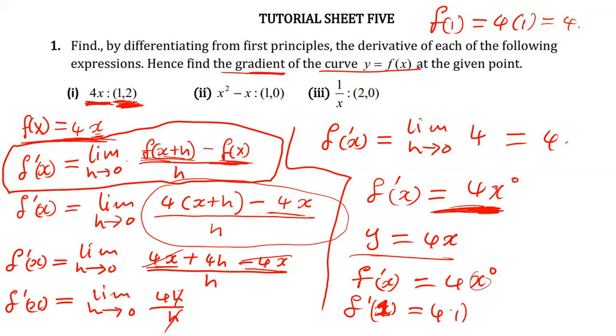But 1 raised to the power 0 will still be 1. So 1 times 4, the answer will still be 4. So the gradient of this curve, the gradient of this line here at this point (1, 2), is simply equal to 4. I'm sure you understand this better when you get the other example.